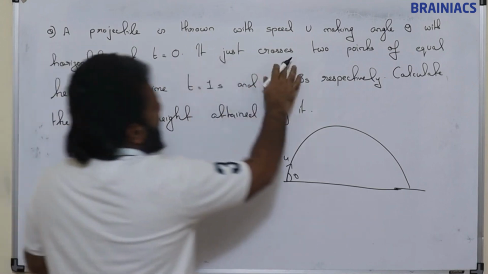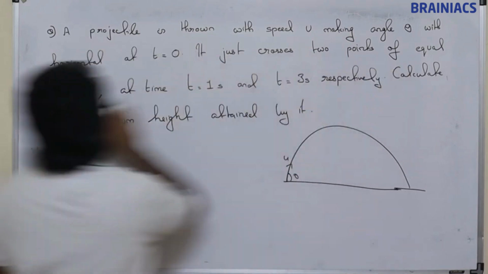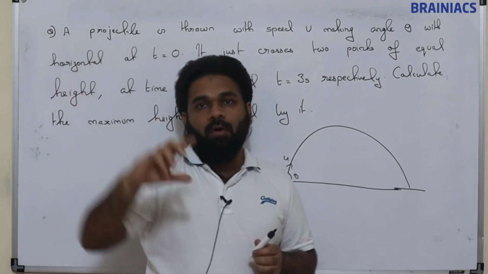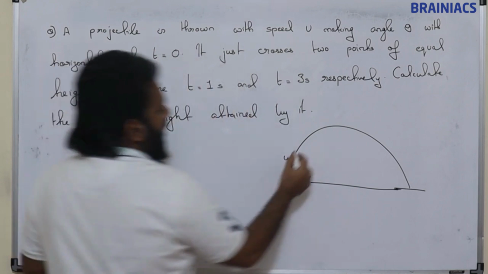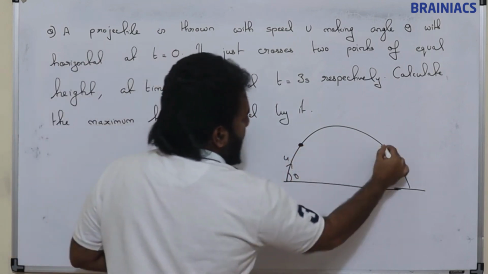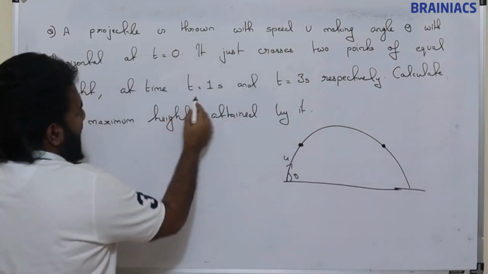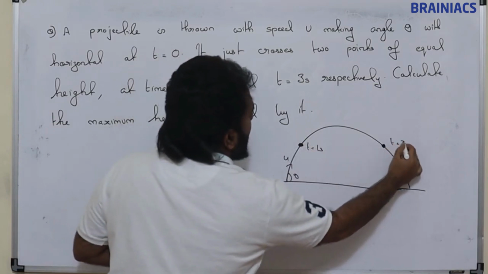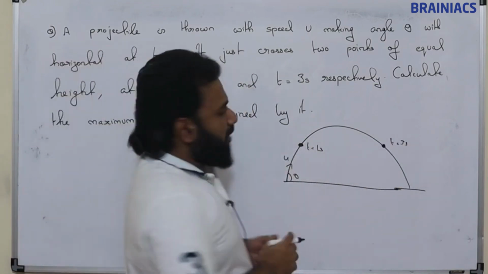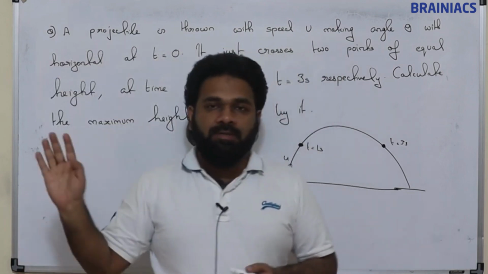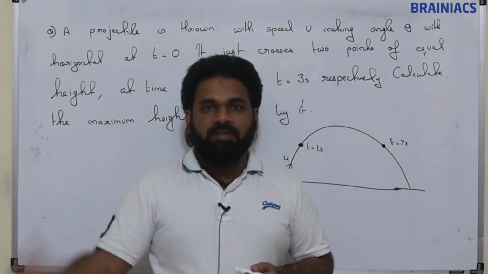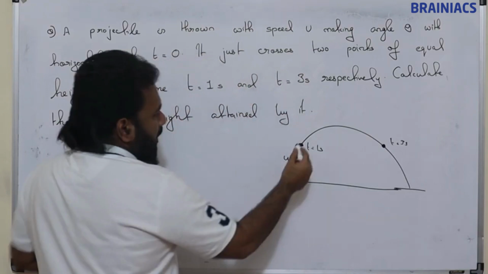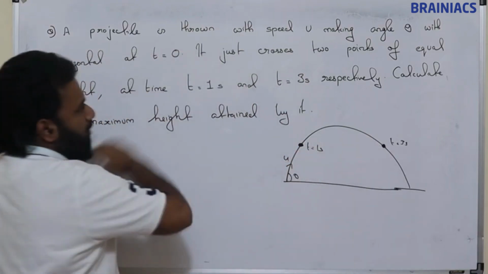It crosses two points of equal height, at a time t is equal to 1 second and at t is equal to 3 seconds. Maybe, say for example, in 4 seconds the ball reaches the ground. So in between it will be moving like this, so definitely it will be covering equal heights.